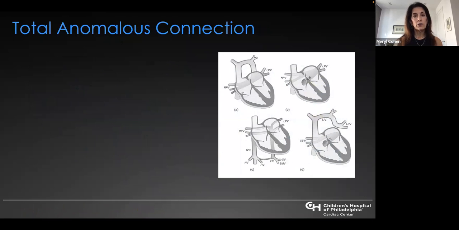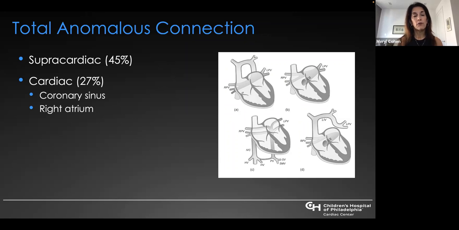Moving on to total anomalous pulmonary venous connection, there are a variety of ways this can happen as well. About 45% of patients will have supracardiac total veins, meaning that there is a vertical vein connecting to somewhere above the heart. You can have the cardiac form in about a quarter of patients, usually direct to the coronary sinus, but occasionally directly to the right atrium.